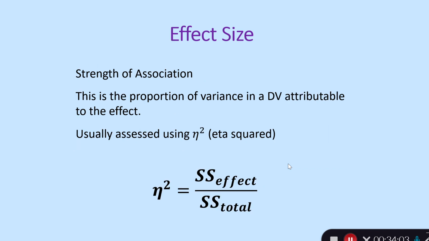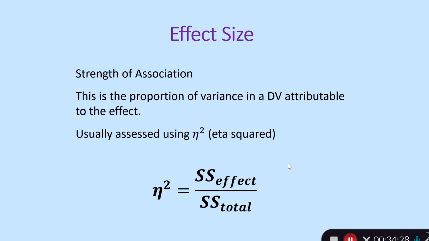Okay, so effect size. As with previous statistical tests, we often look to see what the practical significance of the results is if we get a statistically significant result, and different effect size measures exist. We've looked at use of correlation, and use of partial eta squared with ANOVA and factorial ANOVA.